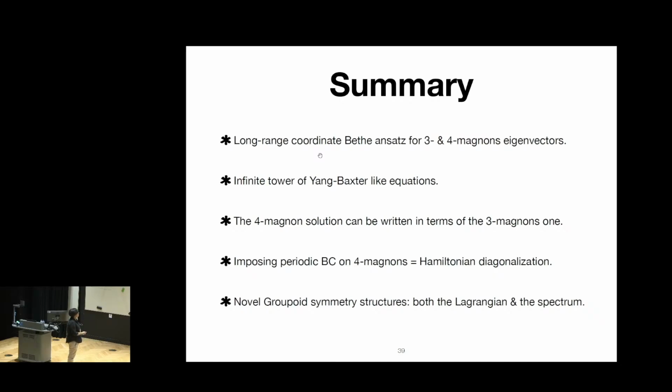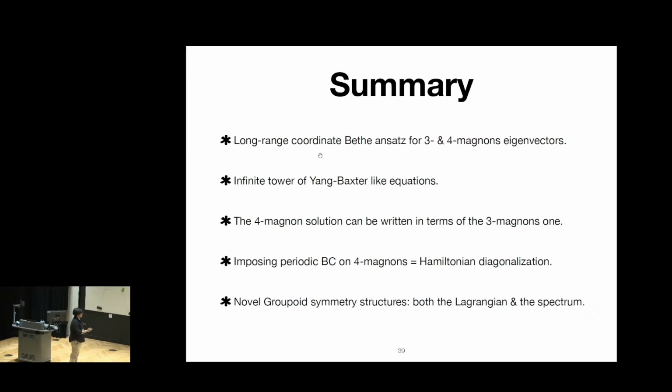First of all, I gave you a generalization of the coordinate Bethe ansatz that has long-range interactions, infinitely many of them for the infinite chains. And doing this, I was able to obtain 3 and 4 magnon eigenvectors, which were not there before.